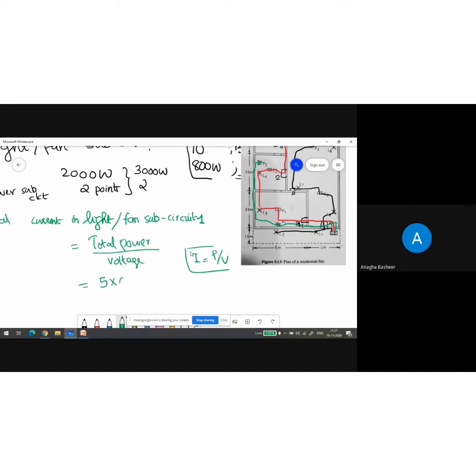There are 5 lights, each having 60 watts, plus how many fans? 2 fans, right? Yes, 2 fans. 2 into 100, divided by 240 volts. So how much will you get?